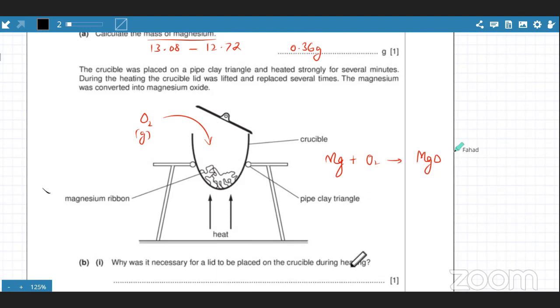Now the question B part 1 is why was it necessary for a lid to be placed on the crucible during the heating? When you're heating strongly, there might be some water trapped, which might change into steam, and some of the substances might fall out of the crucible.